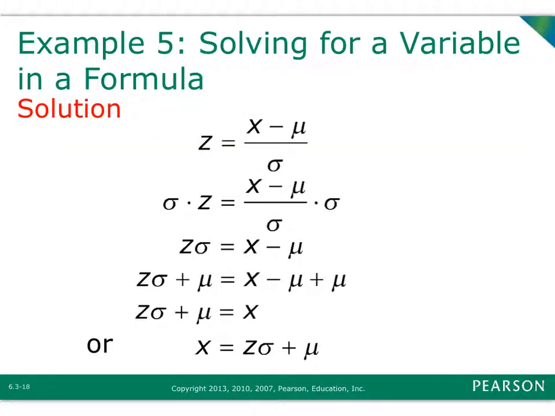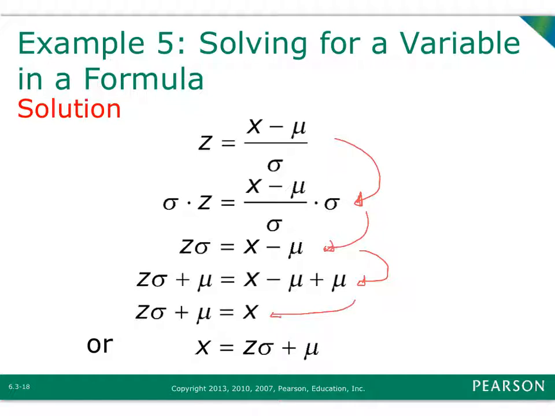When we do that, we multiply both sides of the equation by sigma, which is the standard deviation of the population, and we get z sigma is equal to x minus mu, and then we add mu to both sides of the equation, since we're solving for x.